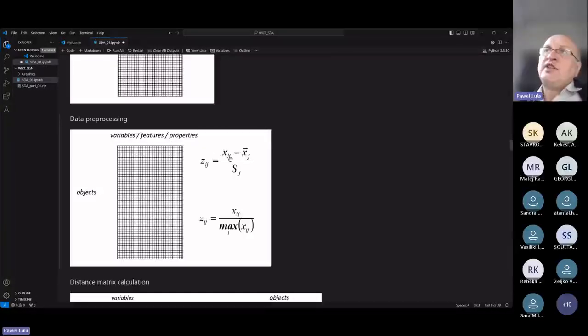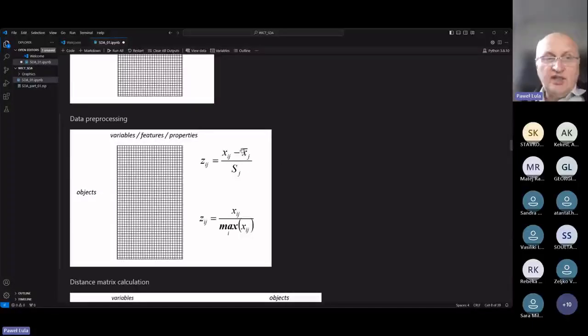So it means that for every column, I should calculate an average value, arithmetic mean, and standard deviation, and I should replace every value with a value which is calculated here. It is a standardization operation.